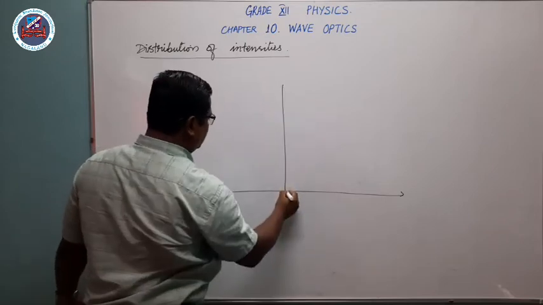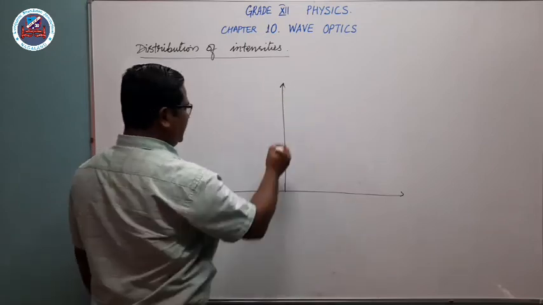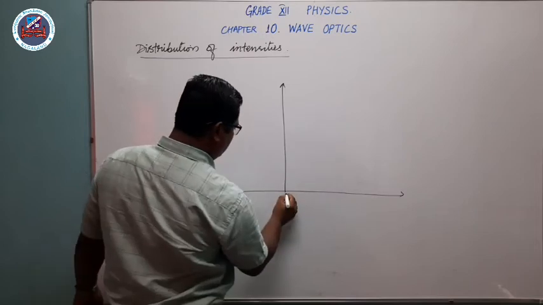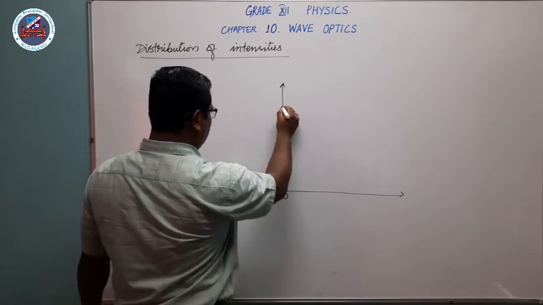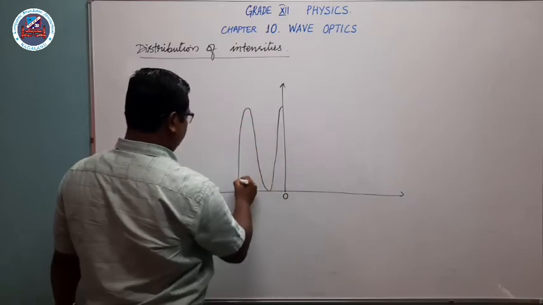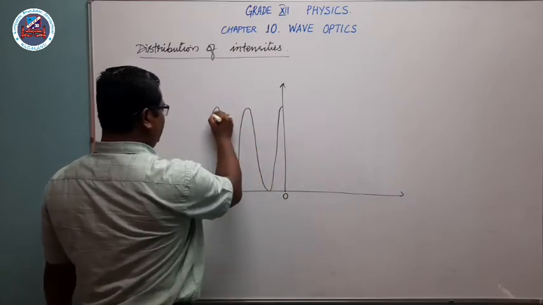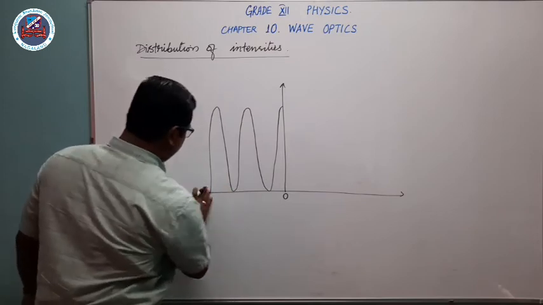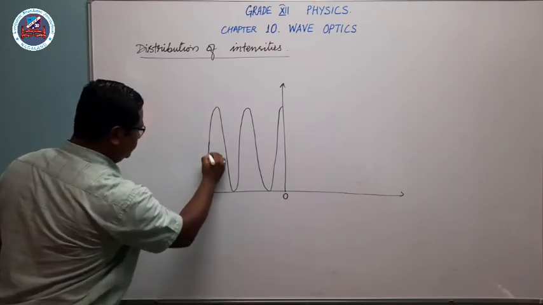This is your y-axis. At the center of the screen, you know that you get a maximum bright fringe. It will look like this.